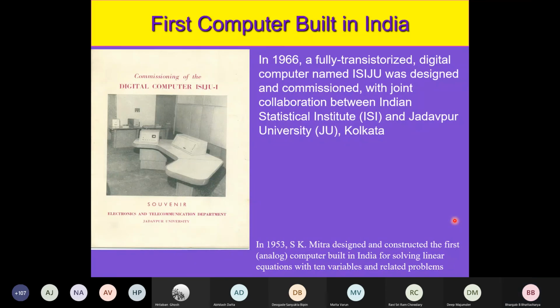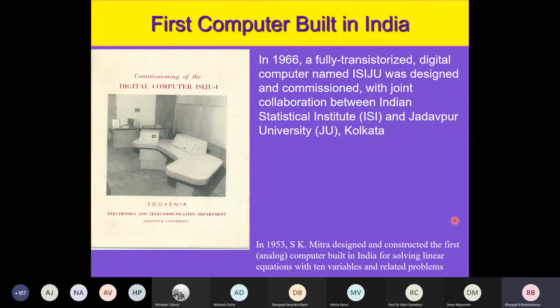And nowadays, analog computers are in the offing again because the speed of analog computers is fantastic. But imagine, it's amazing that in 1953, more than 70 years ago, this gentleman constructed the first analog computer built in India for solving linear equations with 10 variables and other related problems.